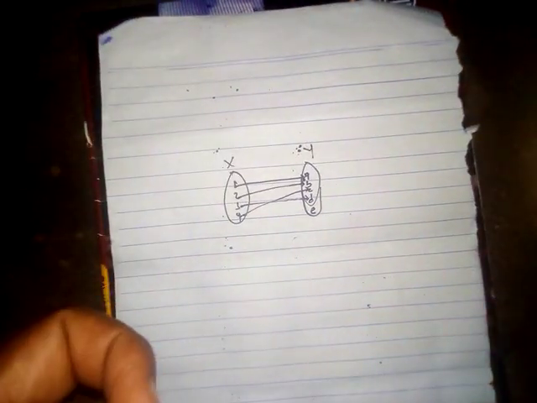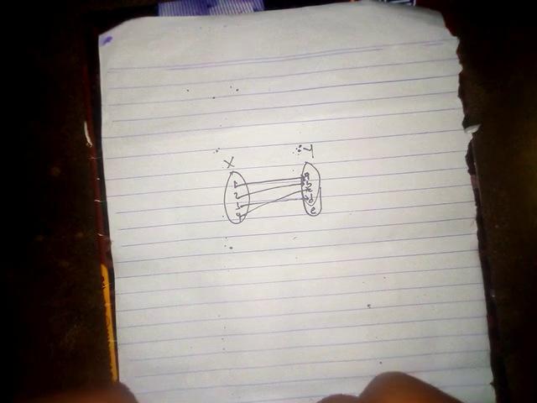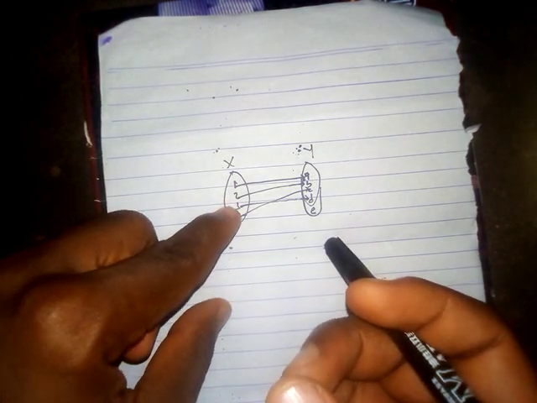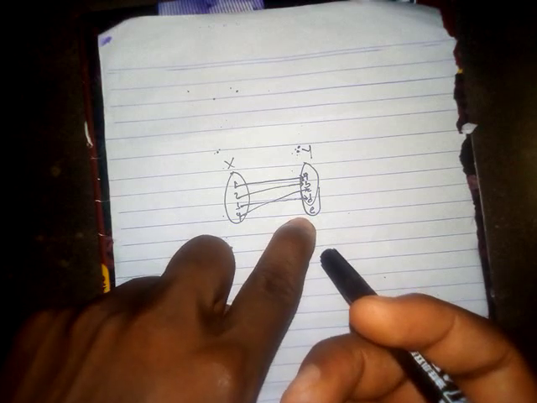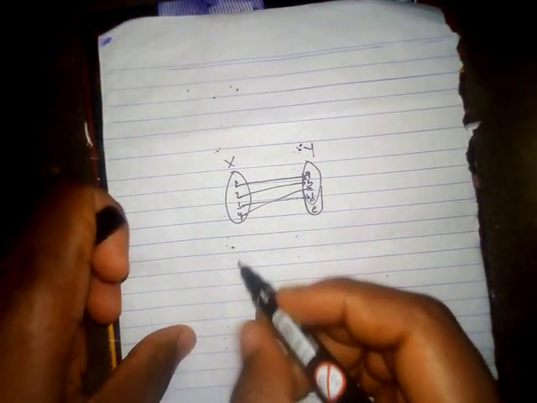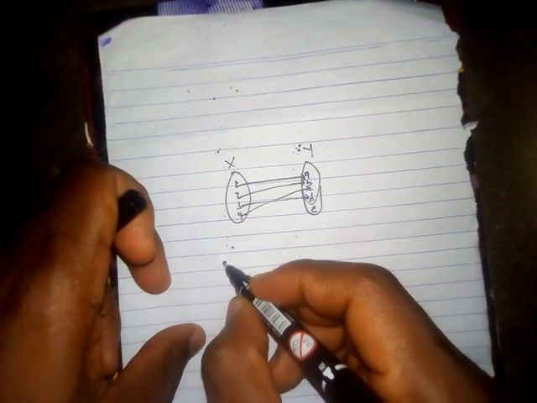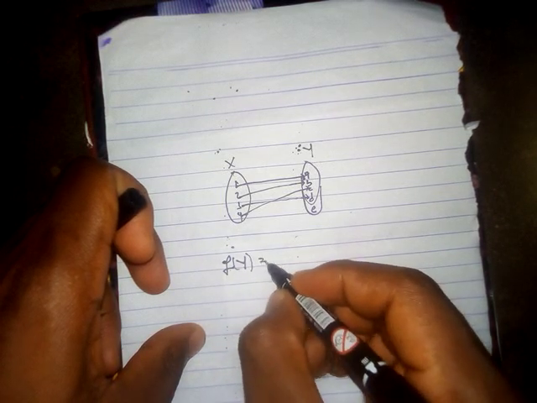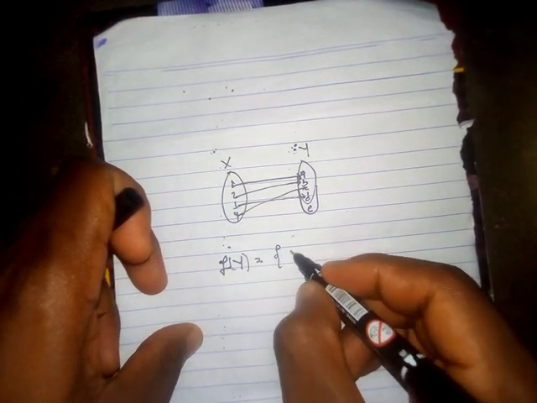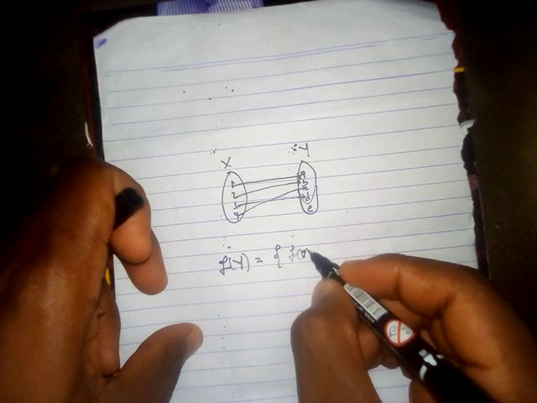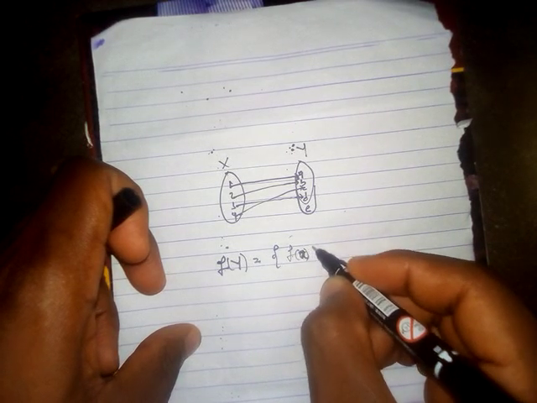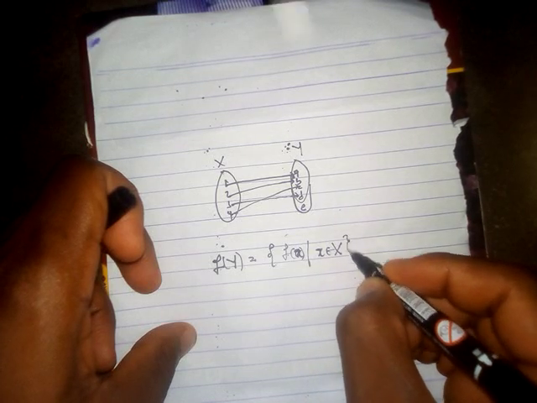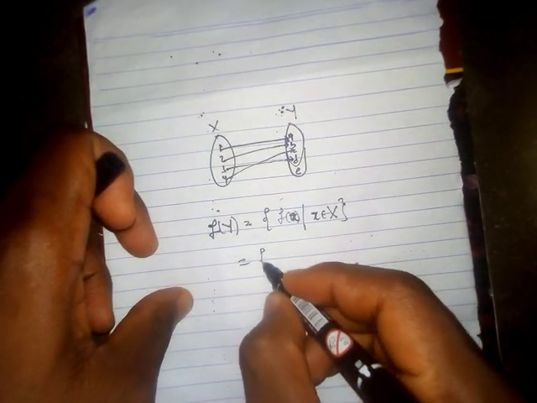Now the range here is just a set containing elements that are being mapped from the domain to the codomain. Let me denote the range as f of capital Y, which is defined as the collection of f of small x, such that x is coming from the domain.